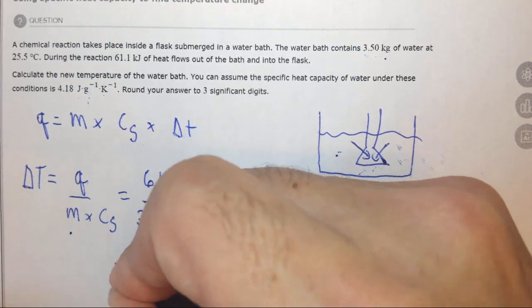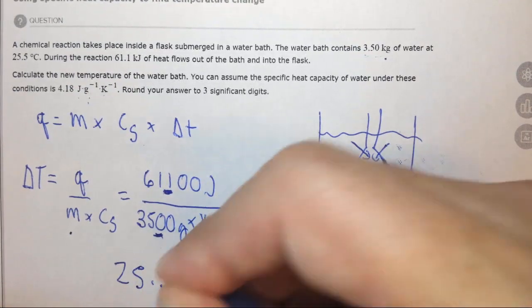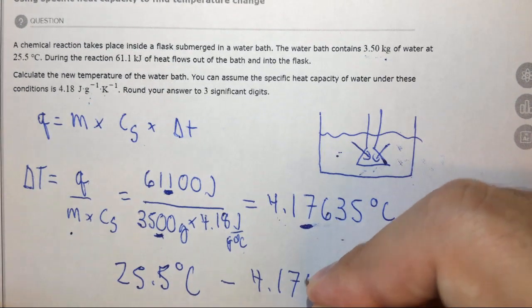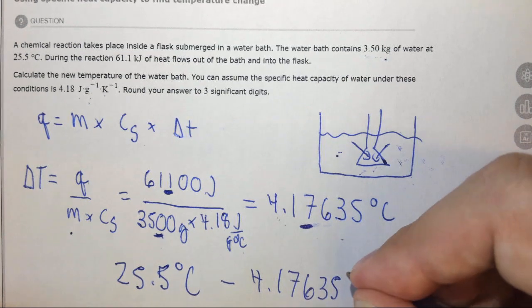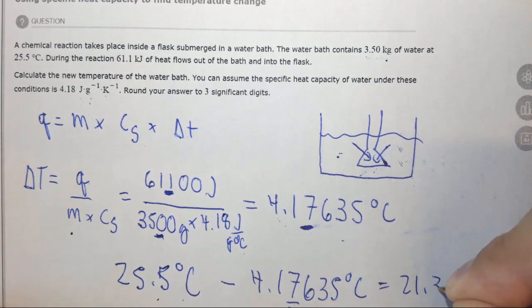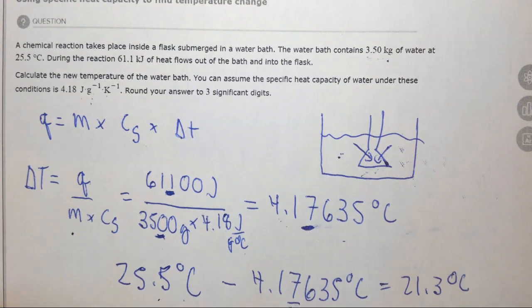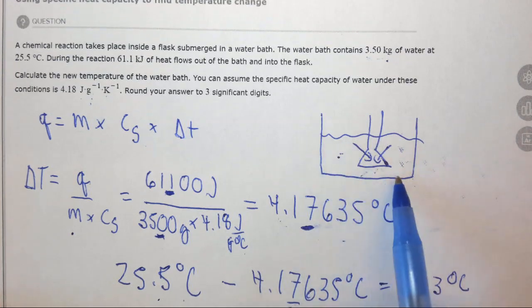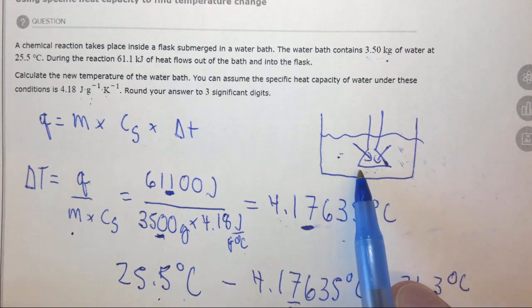So if we take 25.5 degrees C, subtract 4.17635 degrees C, notice that here we have 1 decimal place, here we have lots of decimal places, but 2 that are significant, so our answer is going to have 1 decimal place, and when we do this, we get 21.3 degrees Celsius for our final temperature of the water bath after the reaction and heat has flowed out of the water and into the flask.